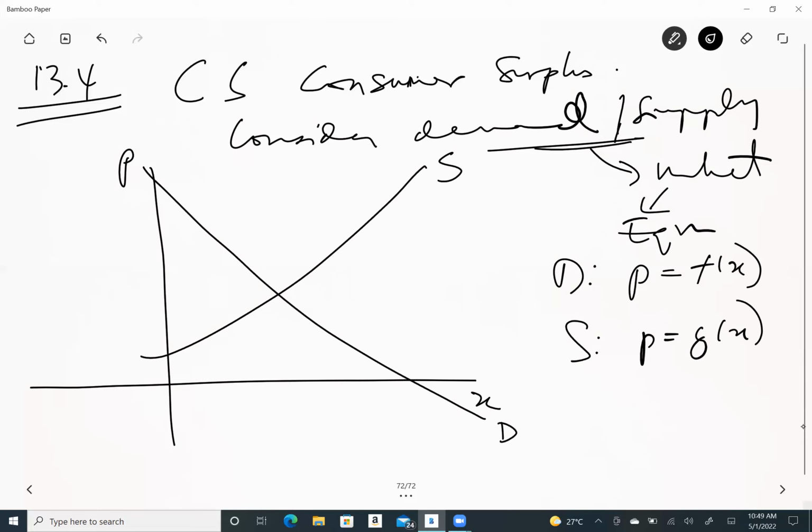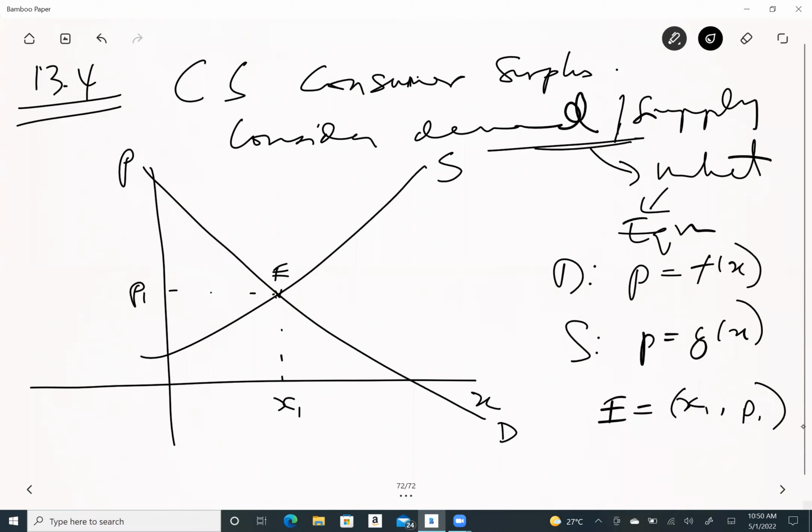And we know the equilibrium over here. Call it X or the factor X1. We follow the book. So you have equilibrium E equal to (X1, P1), because X is our independent variable. So the market price is P1.